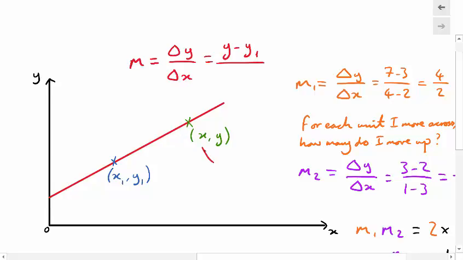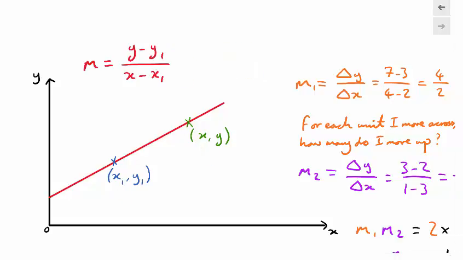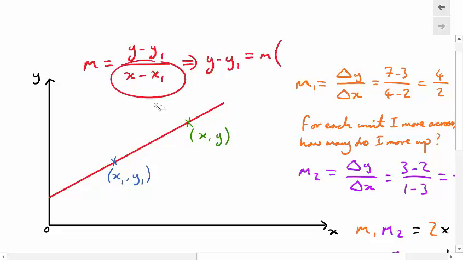So I need to take this value, take away this value here, so I end up with x minus x1. Let me do a little bit of rearrangement. My gradient is equal to y minus y1 over x minus x1. If I multiply through by this denominator, y minus y1 is equal to m times x minus x1.